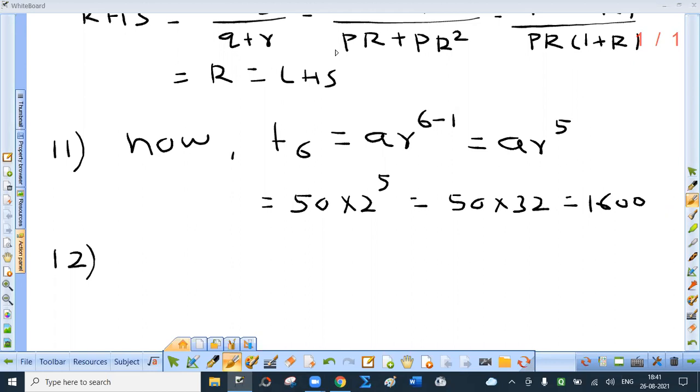Since the ball is dropped from a height of 80 feet, height at the first bounce equal to small a equal to 80 into 3/4 equal to 60.